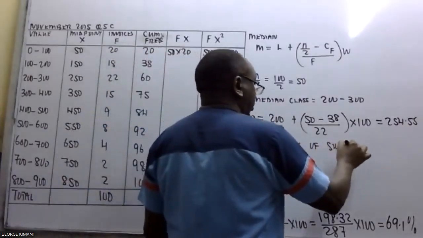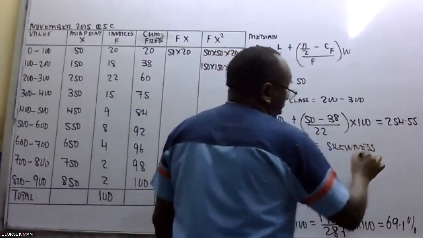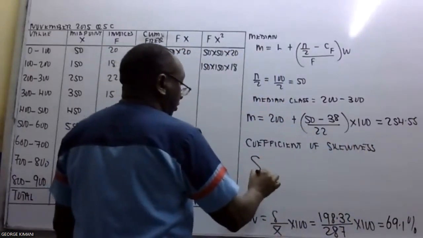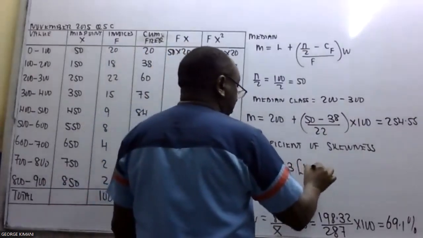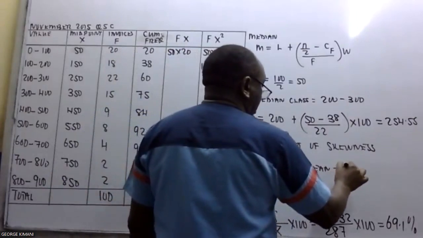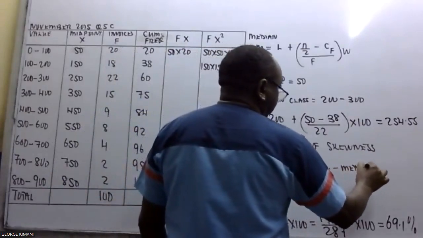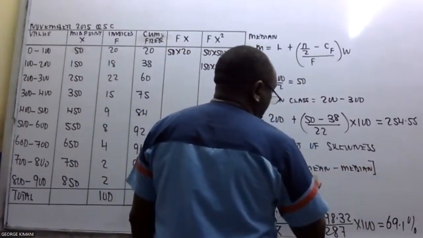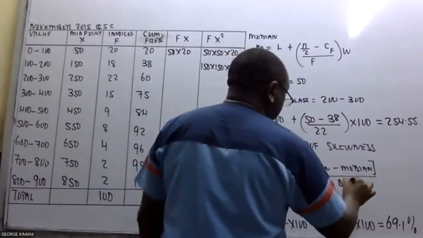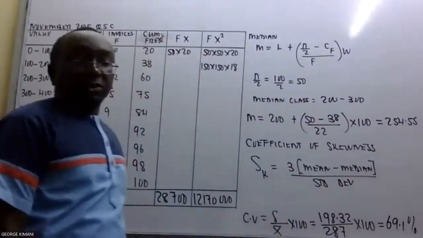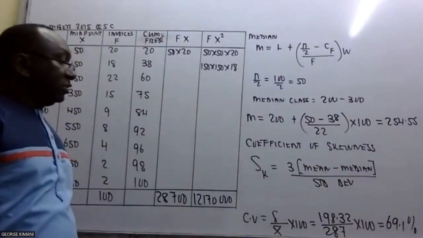Coefficient of skewness. Now the skewness is given as 3 brackets mean minus median, you divide by standard deviation.